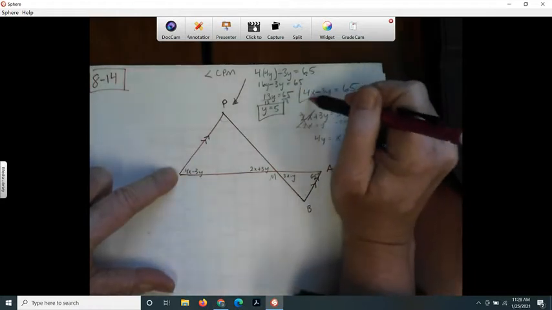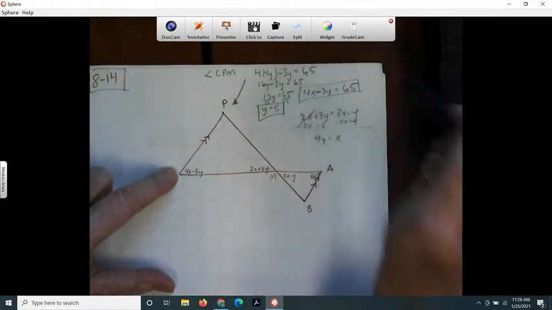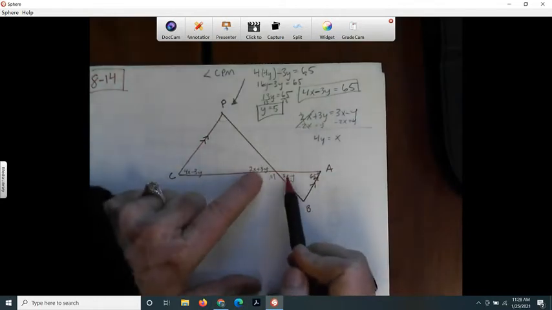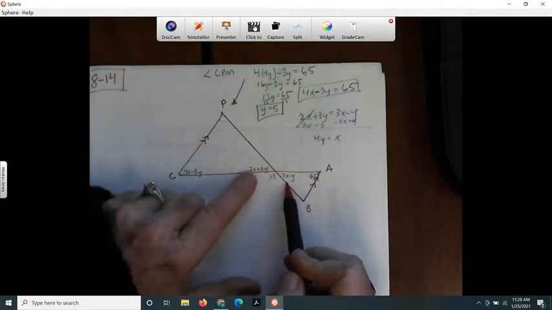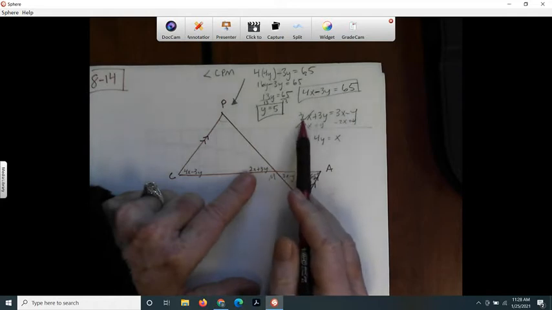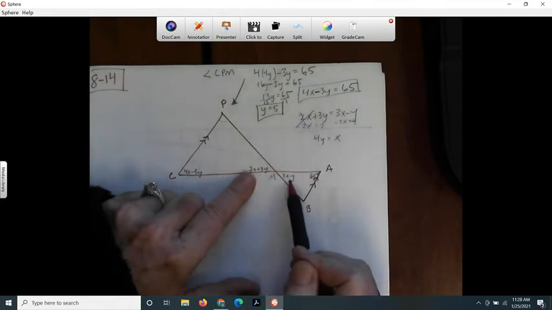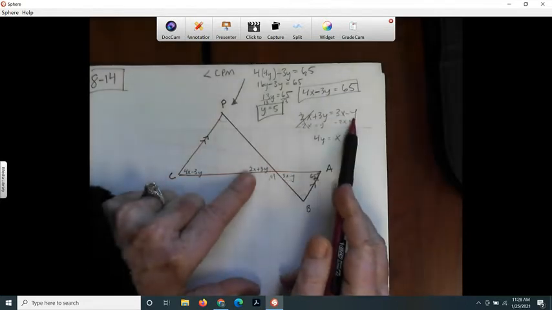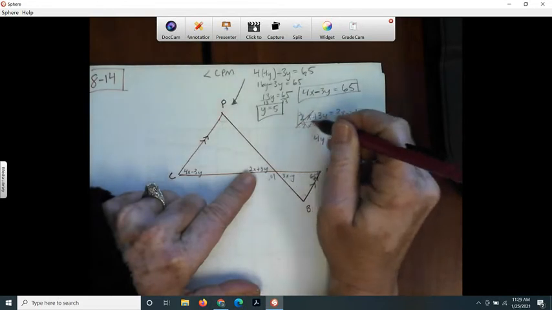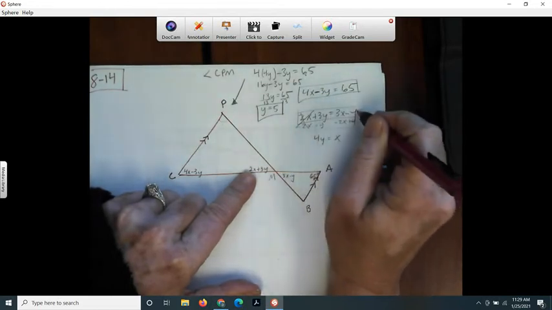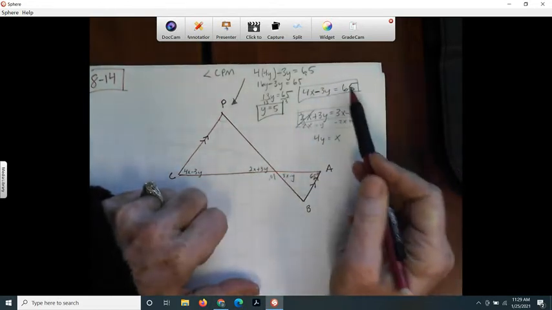And the other one that I noticed right away was these two angles are vertical angles. So I wrote that down, I wrote it right here: 2x plus 3y is equal to, you probably can't read this very well, 3x minus y. Okay, so these are the two main pieces of information that I latched onto.